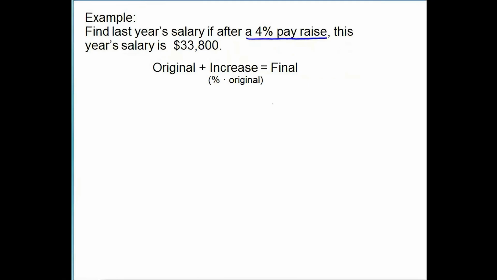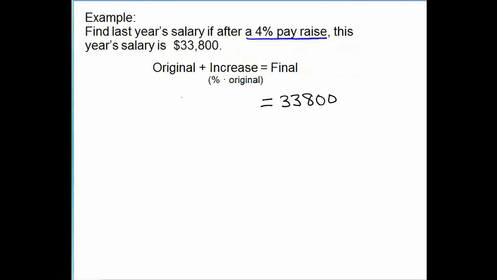So we could put that one in, the $33,800. And we know the percent raise, but we don't know the entire increase because the percent is based on the original, so we have to do a calculation there. In algebra, when you don't know something, that's what we use a variable for our unknown.